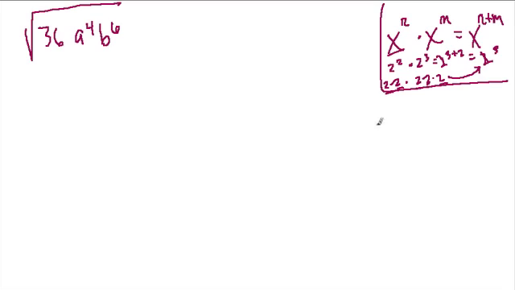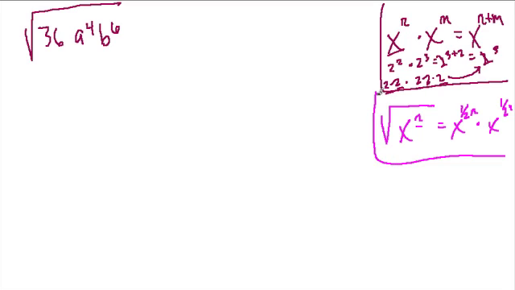If I take the square root of, let's say, x to the n, that's saying what base times itself gives n. So that would be 1/2 n, and then 1/2 n. Because we're going to add a half and a half, we get 1 whole n. So again, that's going to help guide us in this problem.